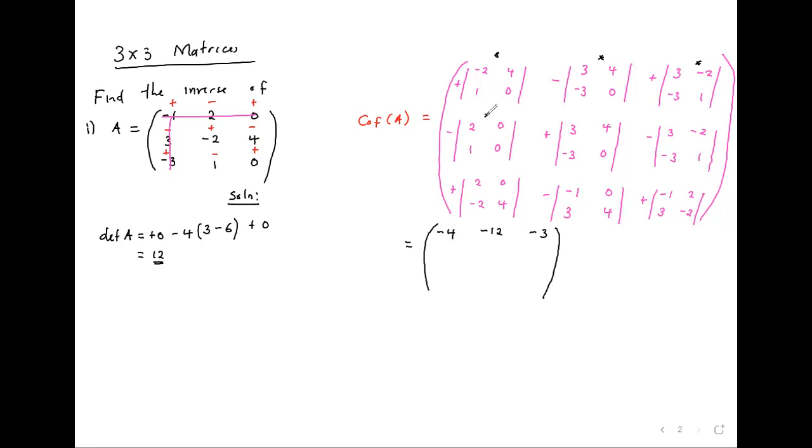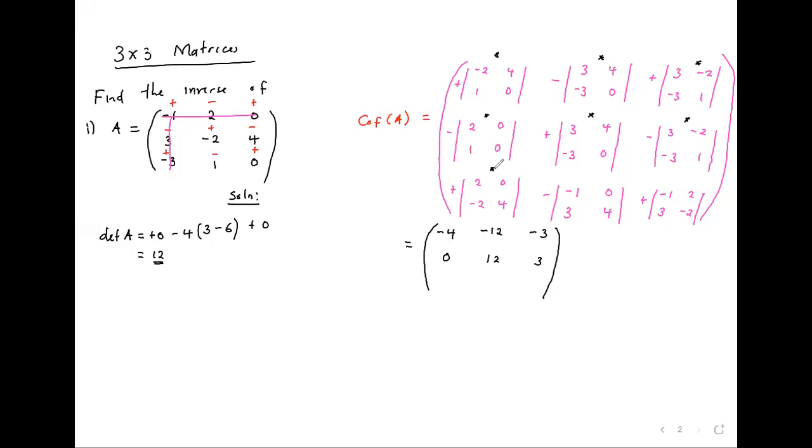Now we're here, determinant here, 2 by 0 minus 0, we get 0. Determinant here, 3 by 0 minus 12, we get positive 12. Determinant here, 3 minus 6, and there's a minus outside, so it becomes positive 3.